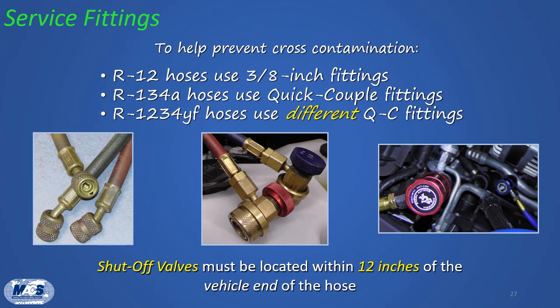But R134A machines and vehicles use what are called quick couple fittings, such as the picture in the middle. Now R1234YF also uses quick couples, but they're a different style and a different shape connector, so that the R1234YF connectors cannot be used on R134A and vice versa.